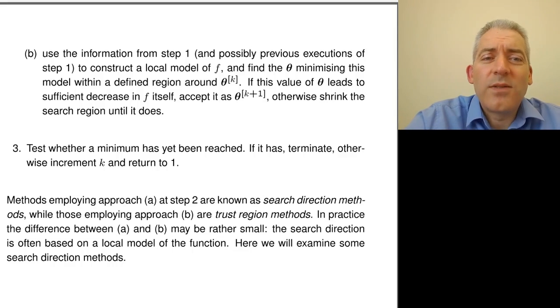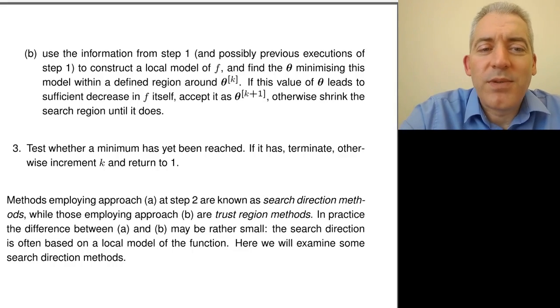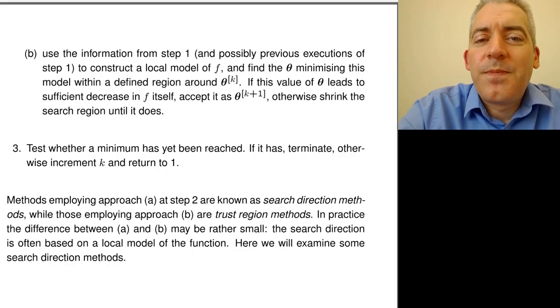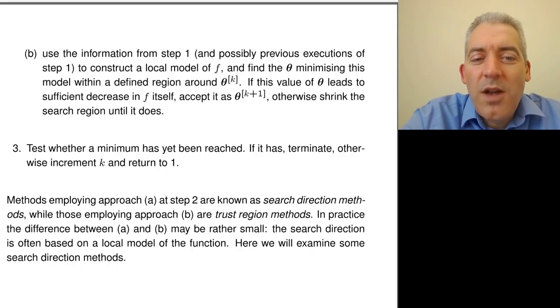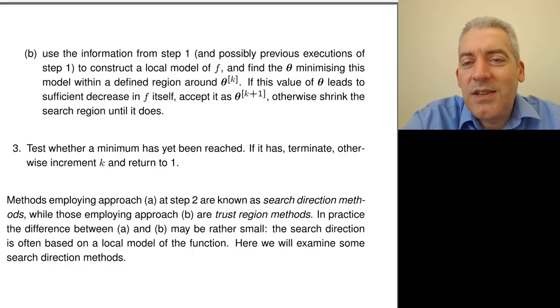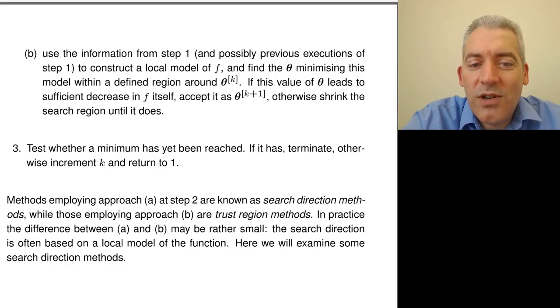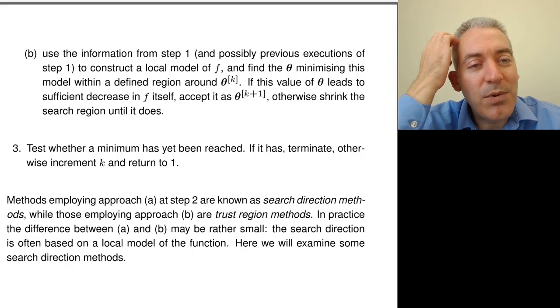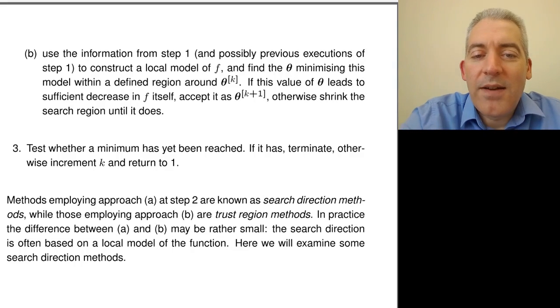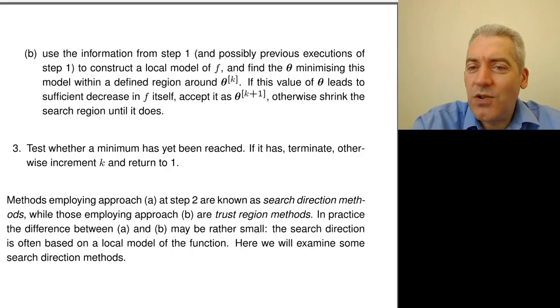Now, although that sounds very different, the way it's being presented here, actually they're more or less the same thing. It's worth making the distinction because there's a distinction in the literature. Methods of type A, where you just pick a search direction and move in that direction, are called search direction methods, and methods employing approach B, based on some sort of local model, have the slightly confusing name trust region methods.